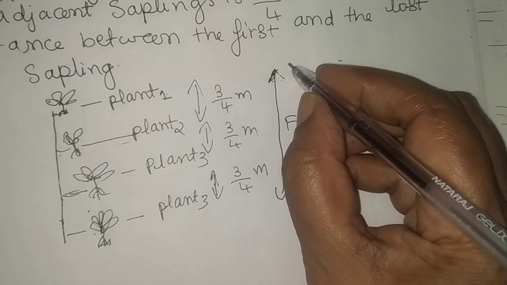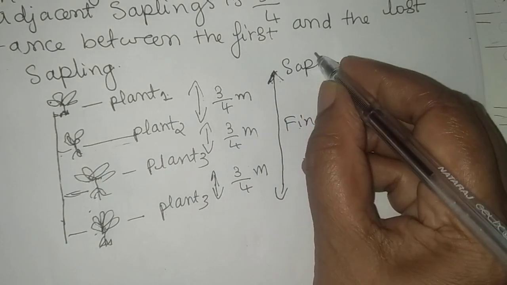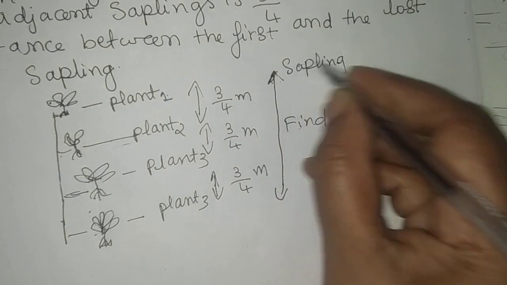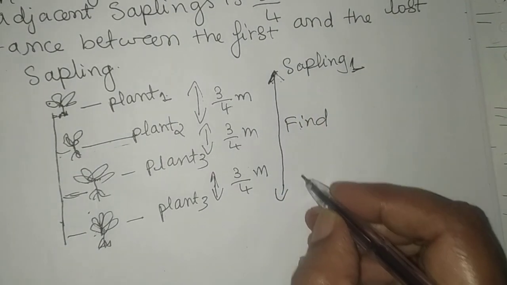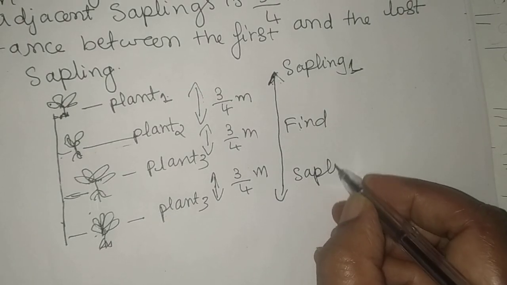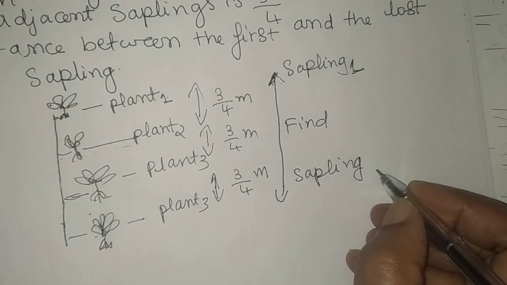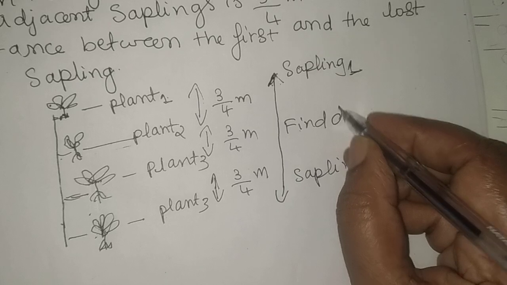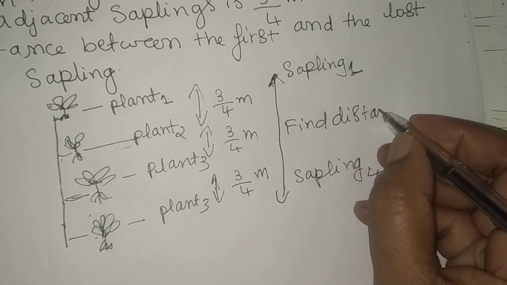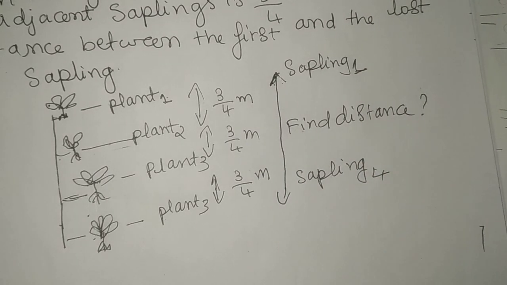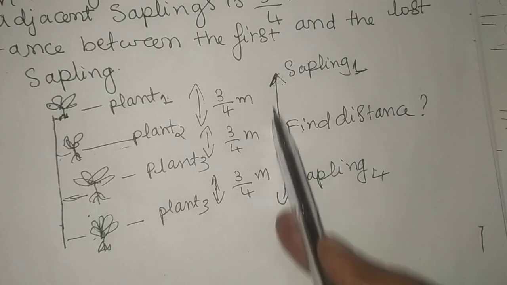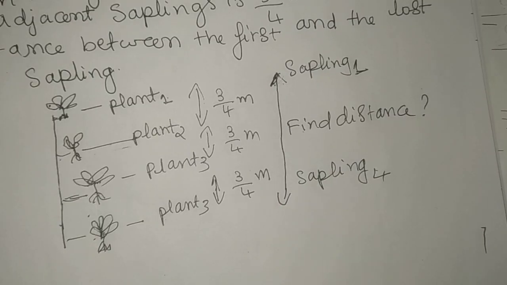Find sapling 1 to sapling 4, find distance. This is the question. We have to find the distance between these two. That's all.